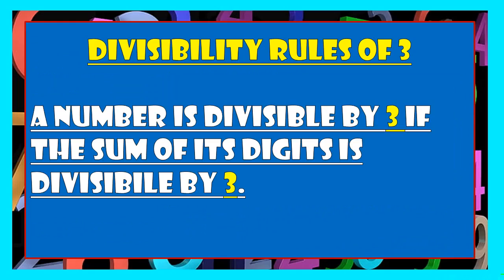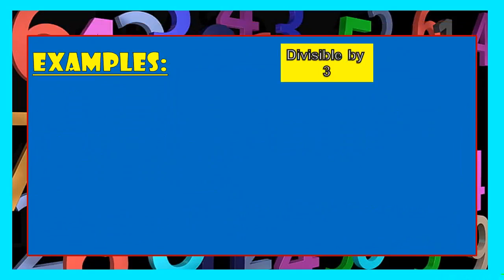So when do we say that a number is divisible by 3? According to the rule, a number is divisible by 3 if the sum of its digits is divisible by 3. For example, if I have this number, what number is this?